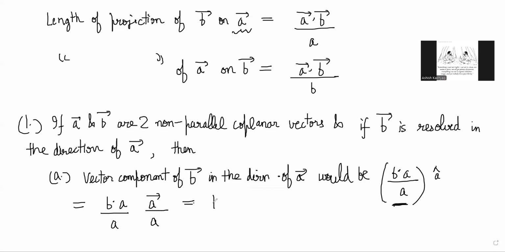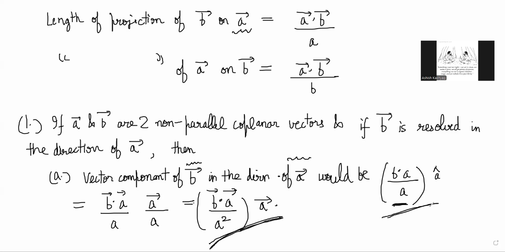So this whole thing will become B dot A divided by A square in the direction of the A vector. So the vector component of B in the direction of the A vector can be given by this expression or this expression. Both of them are the same thing, right? Now, what is the vector component of B in the direction perpendicular to A?